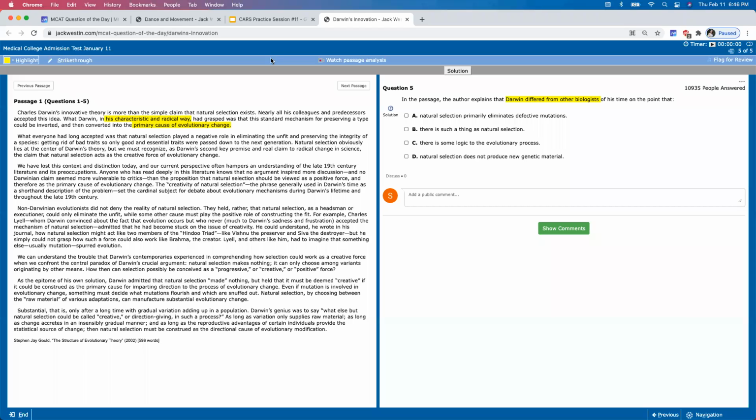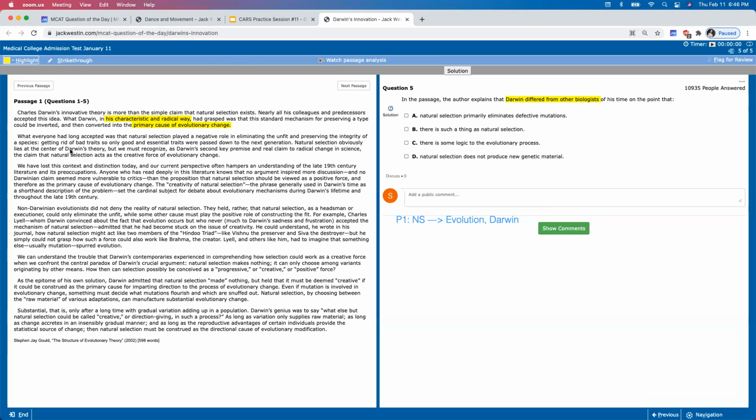So what can we summarize here for paragraph 1? Basically, everyone accepted natural selection. So I'm just going to say natural selection causes evolution. Yeah, that's basically what Darwin said. Evolution, that's Darwin's idea.